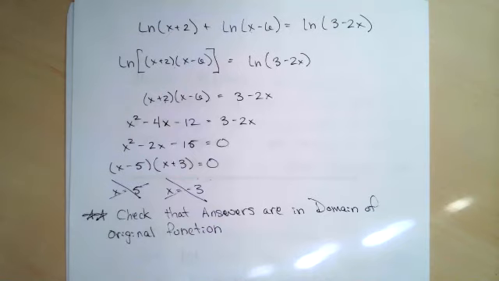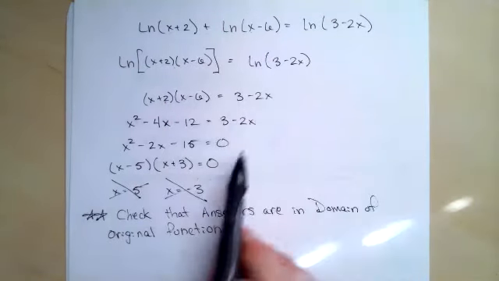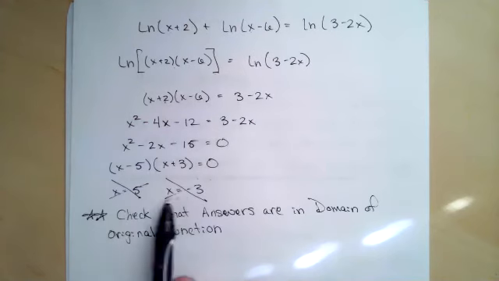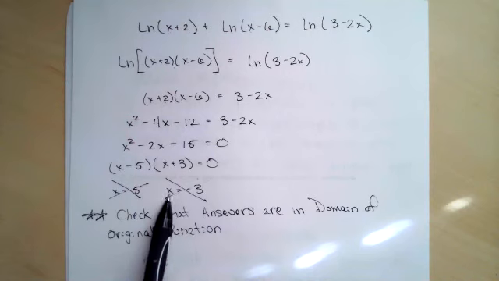So what happens when we end up in a situation like this? Sometimes one of the answers will work, and be very careful. It's not that x cannot be negative. Sometimes when x is negative, it'll be perfectly fine.